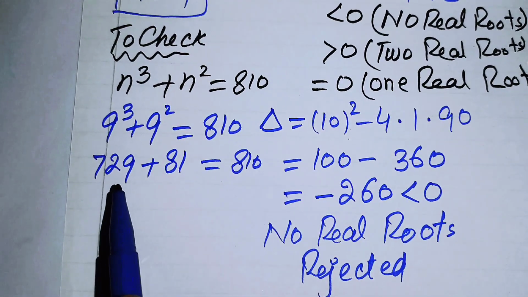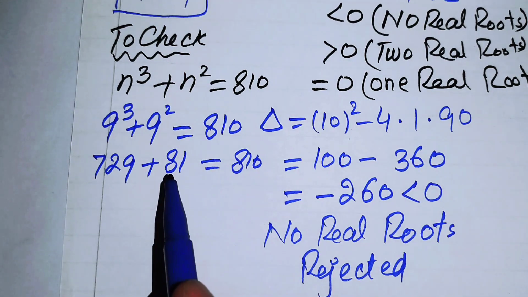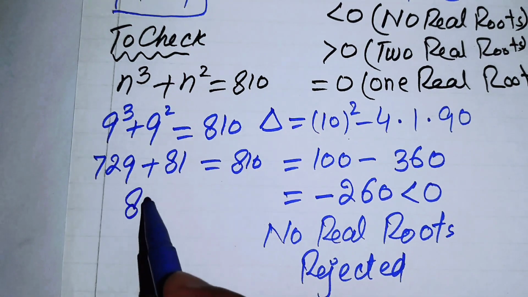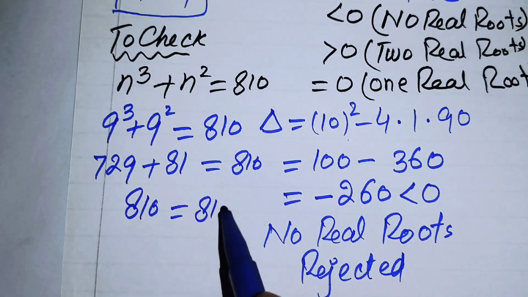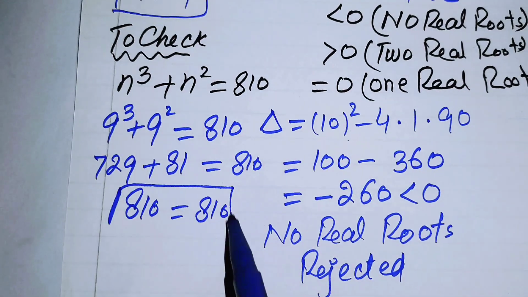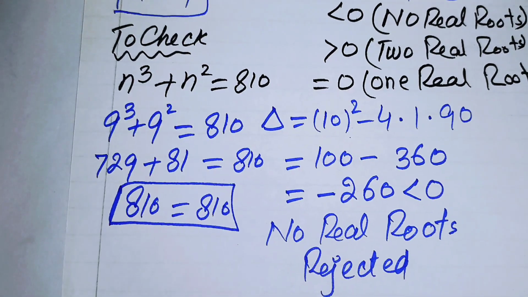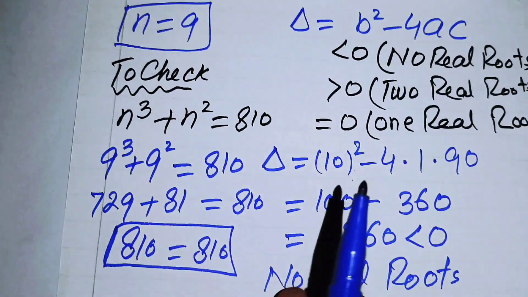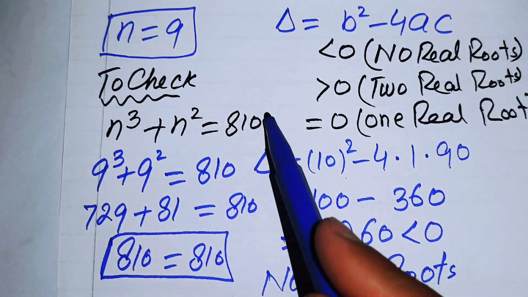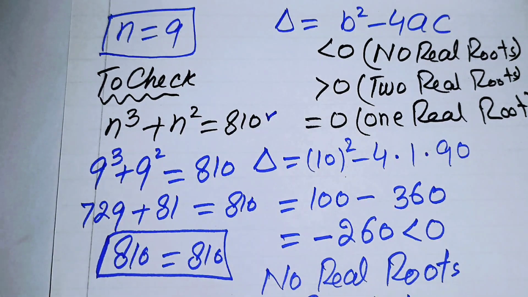When you add 729 plus 81, it is equal to 810. So finally you say that 810 is equal to 810. This shows that n equals 9 satisfies this equation. So n equals 9 is the only solution of this equation.